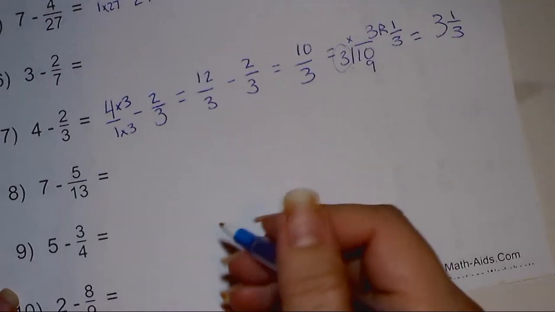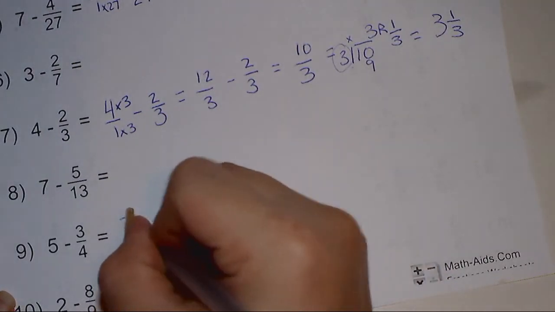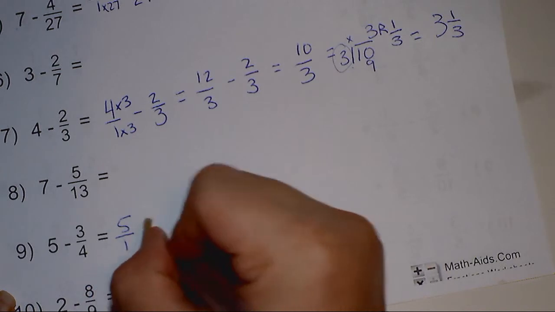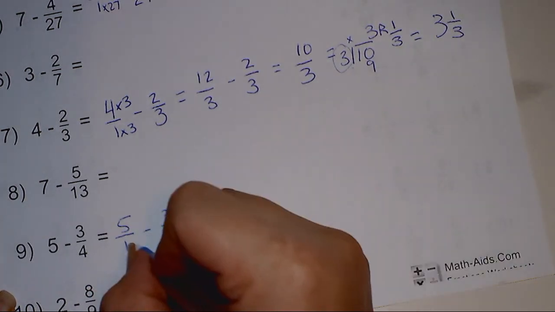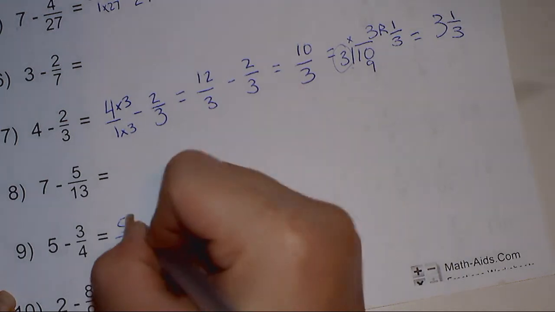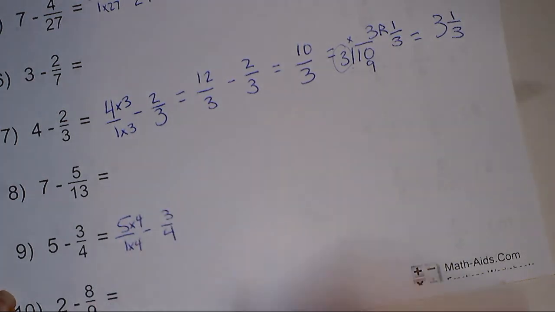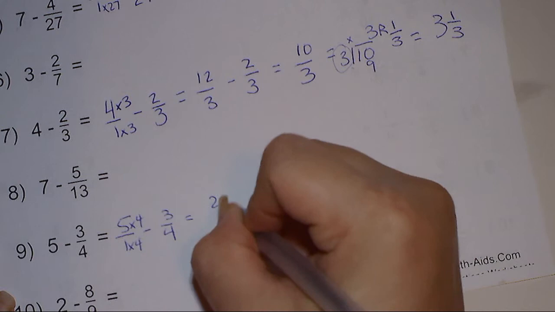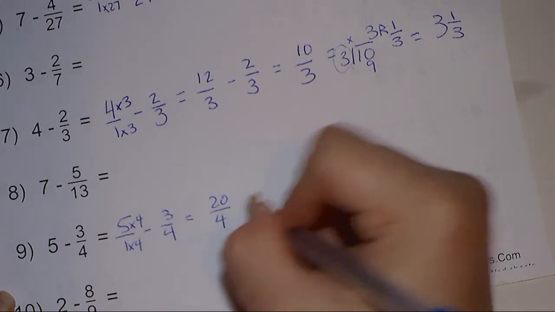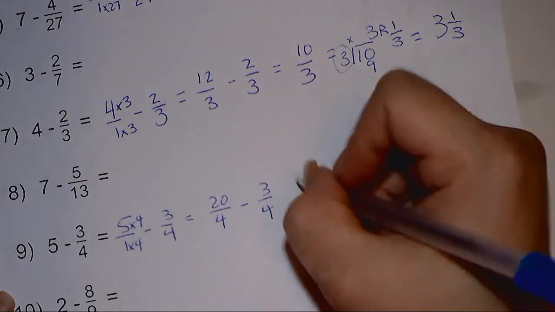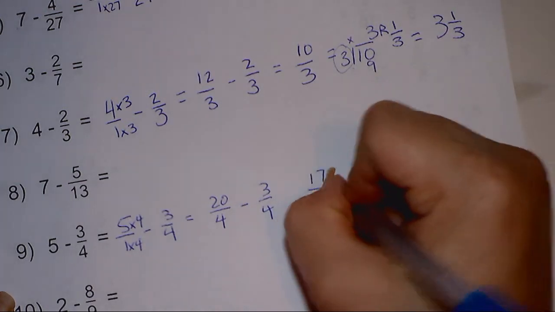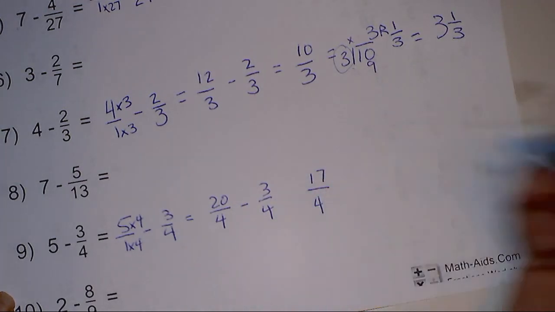Okay? So last one. 5 3/4. Turn it into a fraction. 5 over 1 minus 3/4. Get it to match. Times 4 times 4. Rewrite it: 20 over 4 minus 3 over 4. 20 minus 3 is 17, and the denominator stays the same.